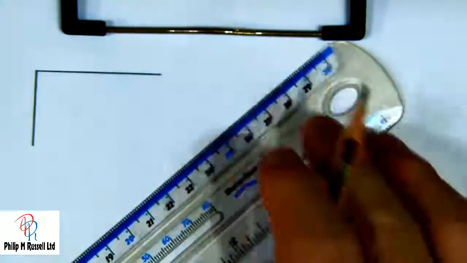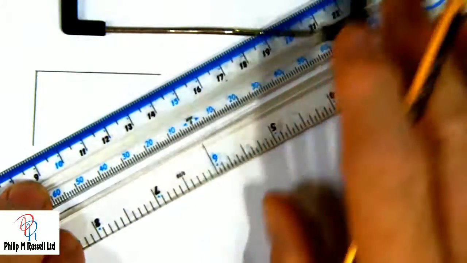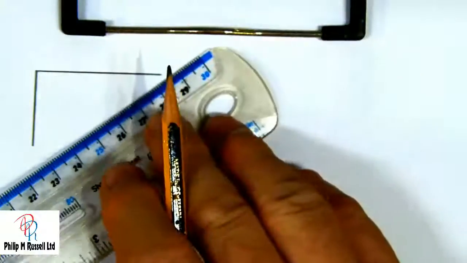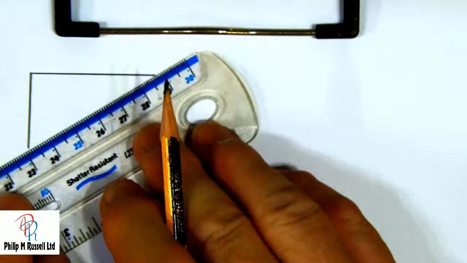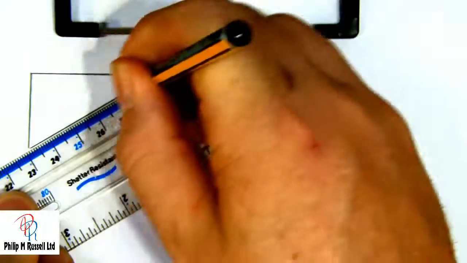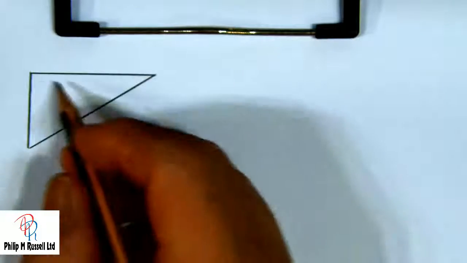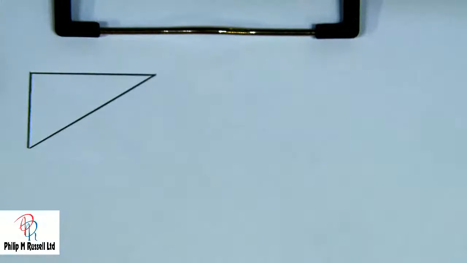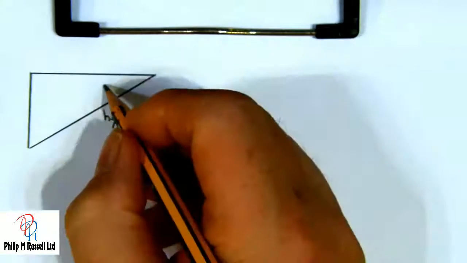Sometimes, to confuse you, they won't give you the drawings the right way round, but what they will do is put them a different way. All you've got to do is look at the problem and see what you need to try and solve. So this side is the hypotenuse.